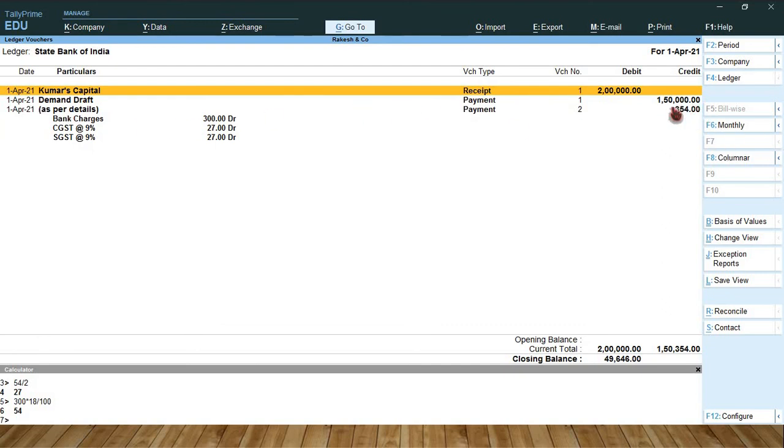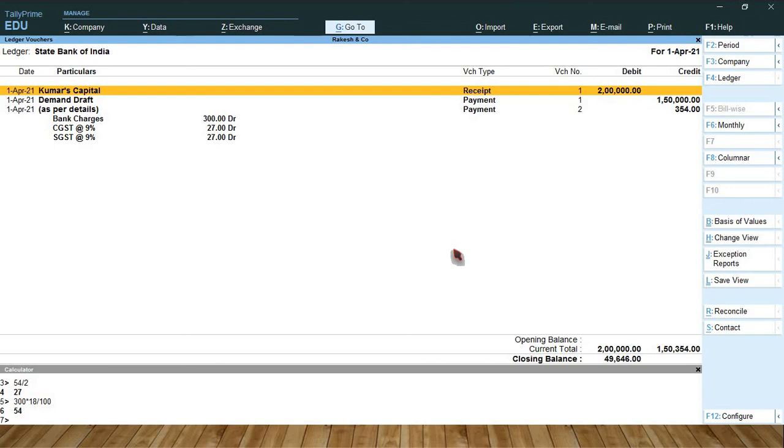So bank charges including GST 354 rupees. 2 lakh minus 1,50,000 minus 354, the difference is 49,646. Okay, so this is the impact of GST in the bank ledger.